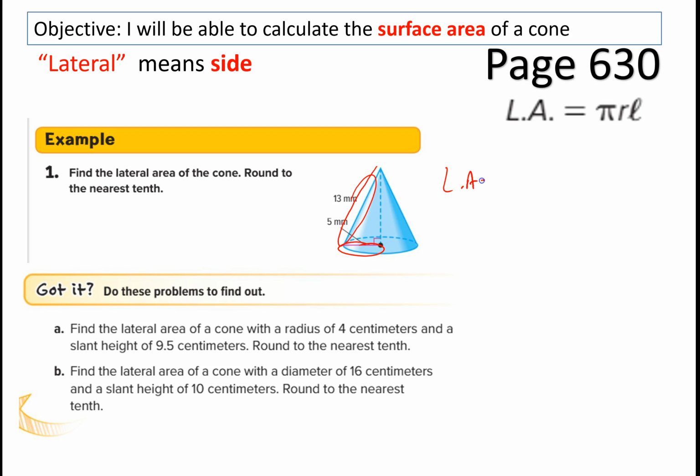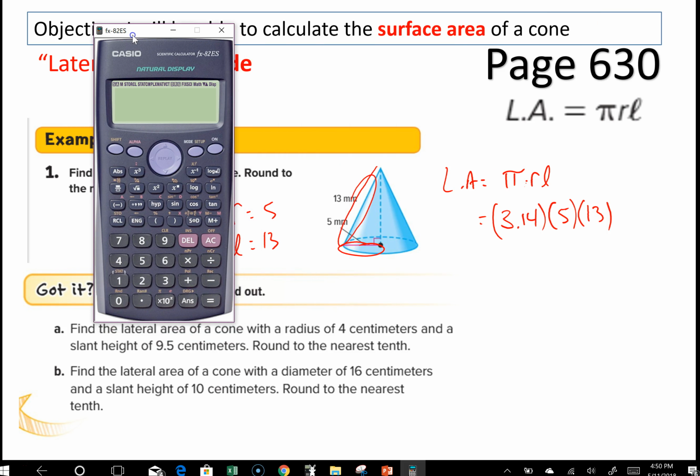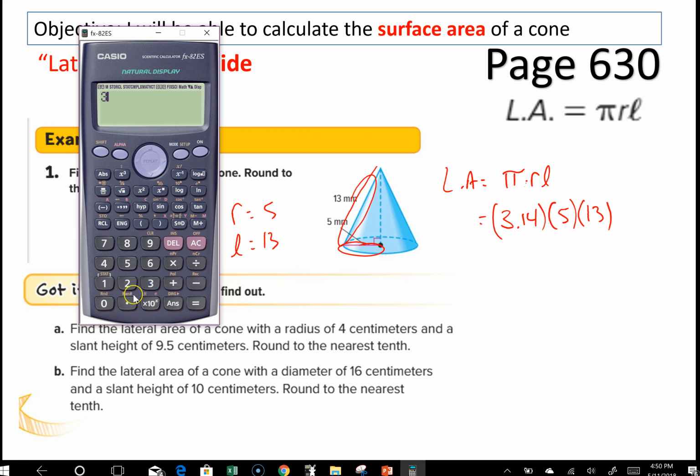So again, we're talking about the slant height and the radius. My lateral area is pi times radius times the slant height, 3.14 times 5 times 13. My radius is 5, and my slant height is 13.